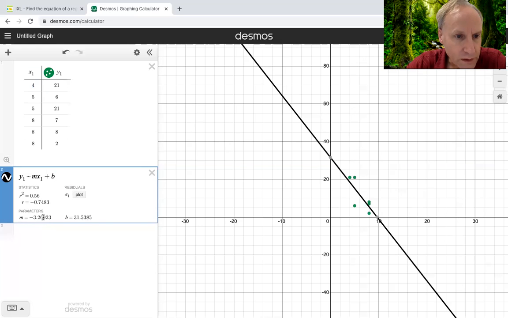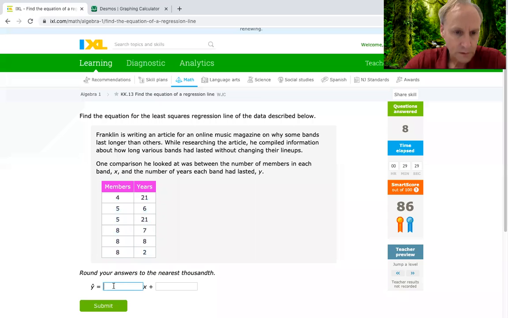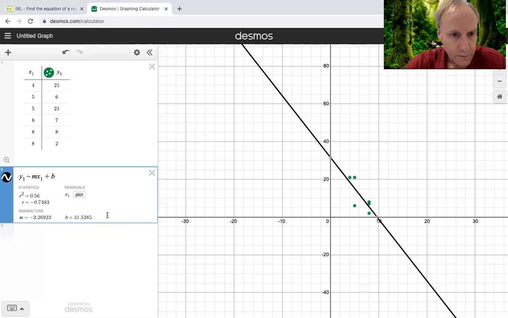Negative 3.269. And the x value, 31.53. Oh, this is where this silly thing may not round it right.